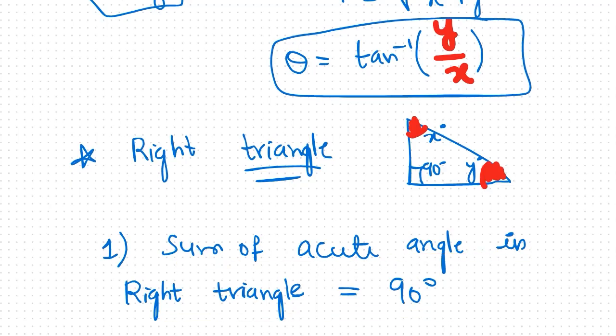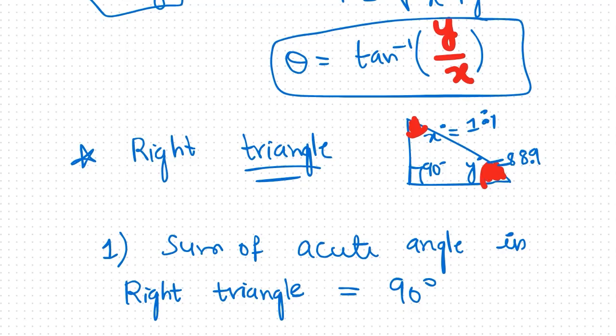If I directly tell you this angle is 1 degree, can you tell me the value of y? It should be 89. If I write 1.1, then 88.9.